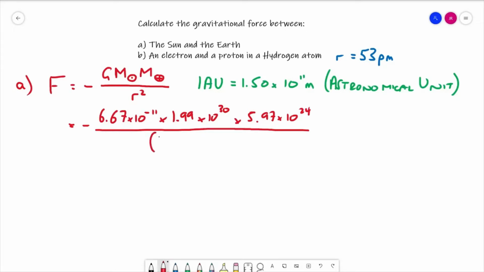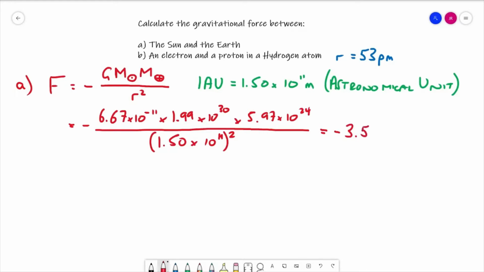But anyway, coming back to it then, 1.50 times 10 to the 11, and as usual, don't forget to square it. That's one of the biggest mistakes that I see students making, forgetting to square the distance on the bottom, and obviously in this case it's going to mean that you are a factor of 10 to the 11 out in your final answer.